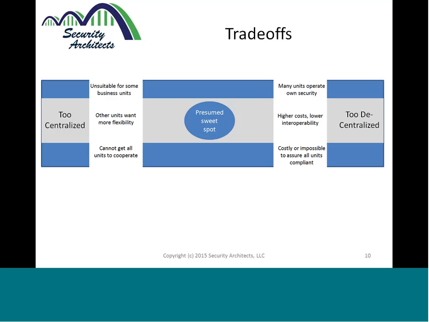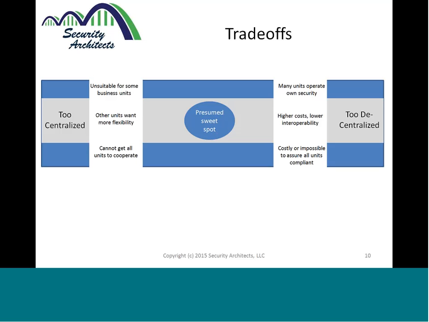I've worked with some universities, for example, that have a lot of different colleges, engineering, liberal arts, they do research, they have hospitals, teaching hospitals, so they're very diverse. And the culture is for faculty and research to want a lot of independence. So too centralized of a culture is not going to fit in well with that type of environment.